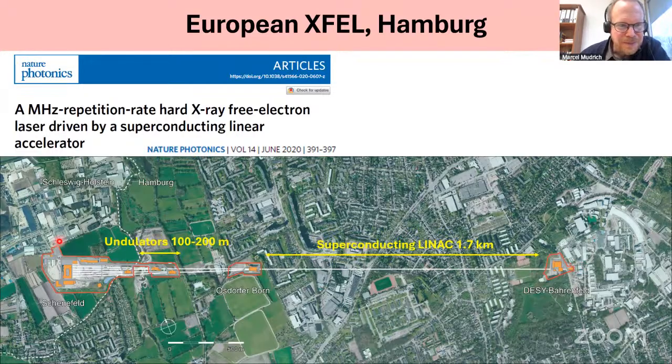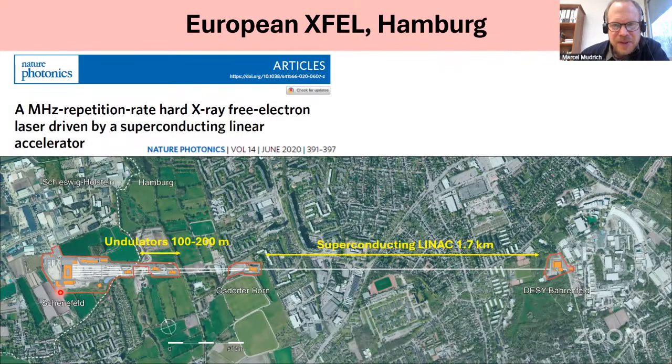So the experimental hall and all the beam lines are 3.5 kilometers away. And that is a new facility, and it's a European facility, and it is the most powerful facility until today in terms of reaching very high photon energies and highest pulse energies.